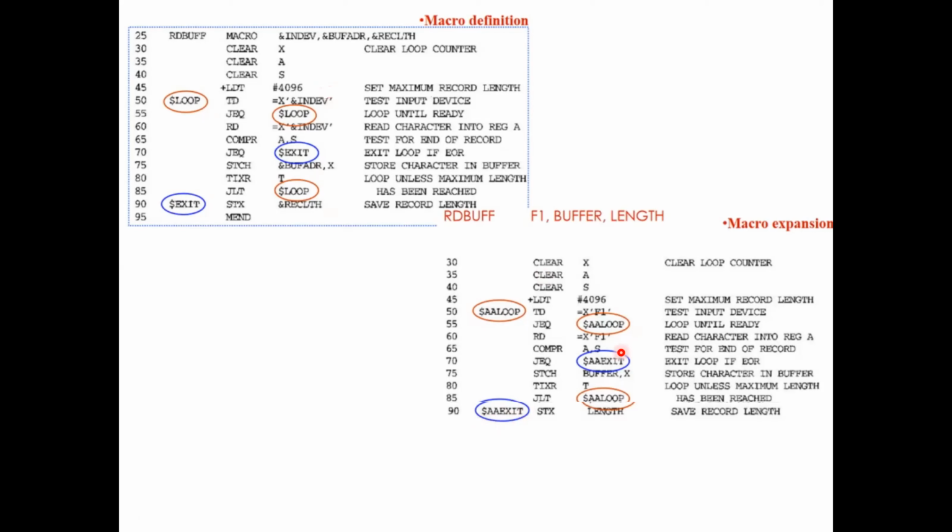In exit also, the dollar is replaced with $AA only. Why so? Why not $AB? Is it wrong? No, it is not wrong because it is a different label. Exit is different from loop. So for the first occurrence of exit, the dollar will be replaced with $AA only.